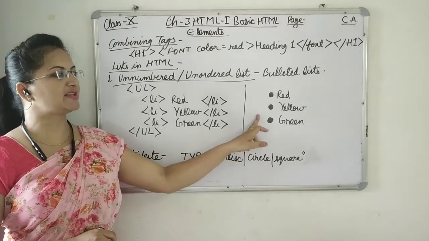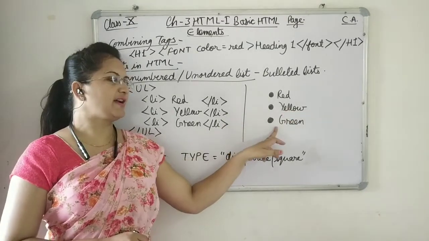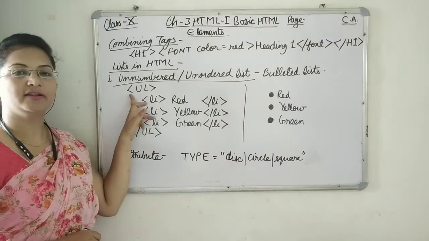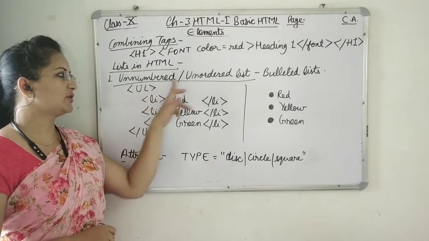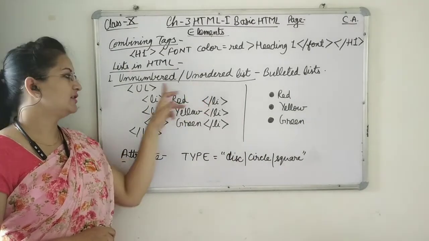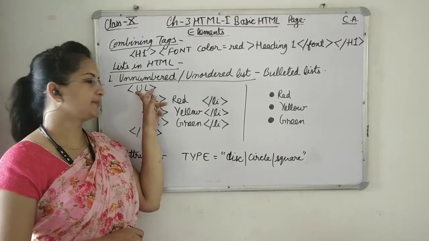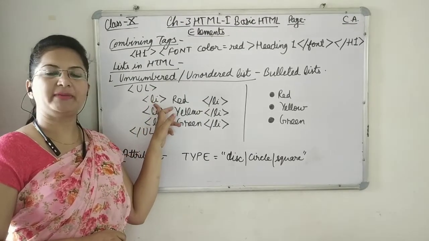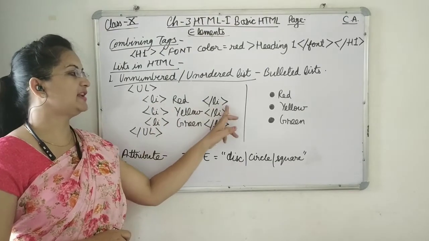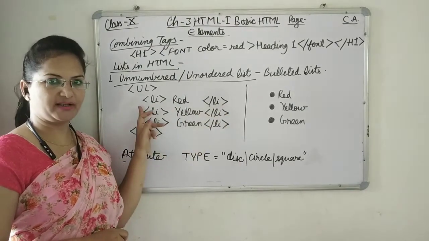So if we want this type of bullets in a list of items, then we can write the UL tag. Okay, so its naming convention is also there. UL means unordered list. LI means list item, and for every list item we have to use a separate LI.